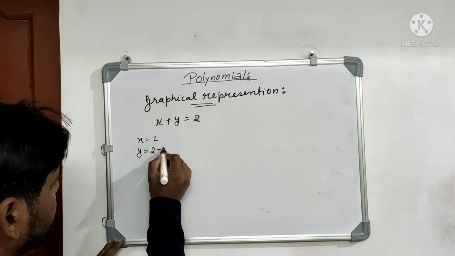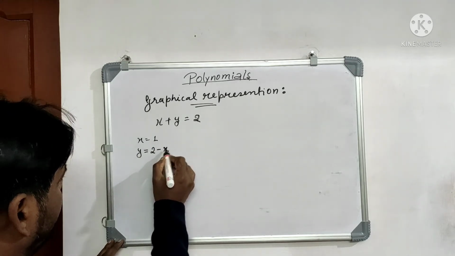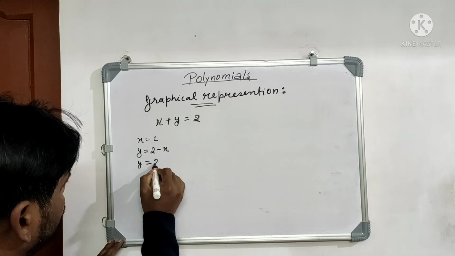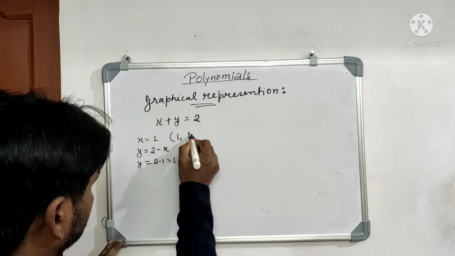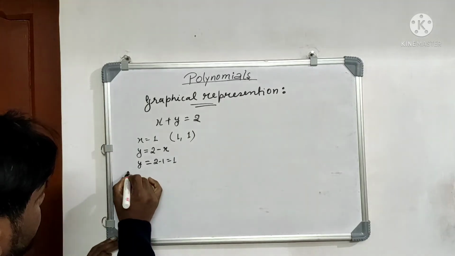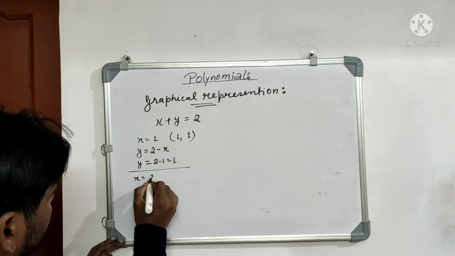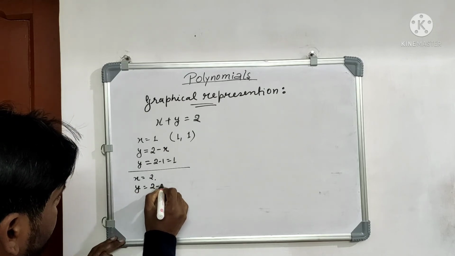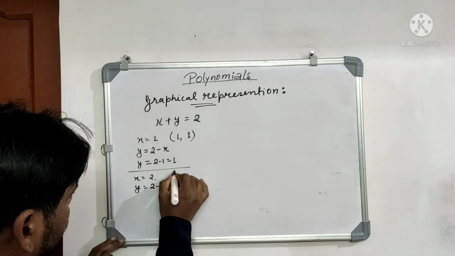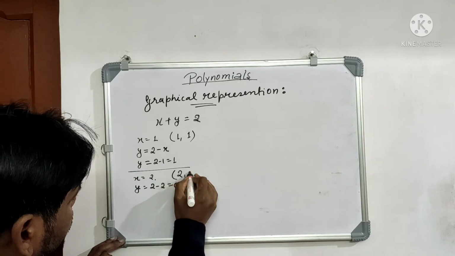Then y will be 2 minus x, and finally y will be 2 minus 1, that is equal to 1. So we can write here 1 and 1. Then again, for x is equal to 2, y is equal to 2 minus 2, that is equal to 0. So we can represent it as 2 and 0.